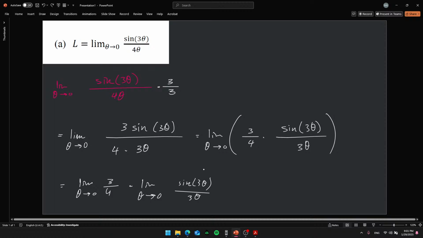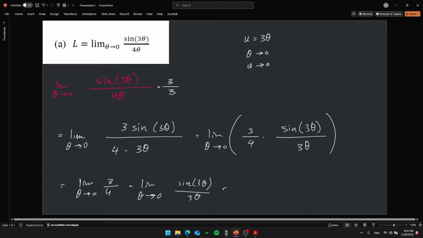It already matches, but I guess in the midterms you have to do an additional step, which is take u as 3 theta. Okay, so as theta approaches 0, plug in 0 here, so 3 times 0, u also approaches 0.